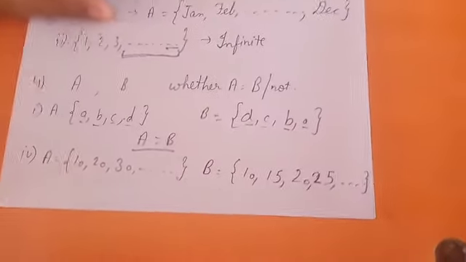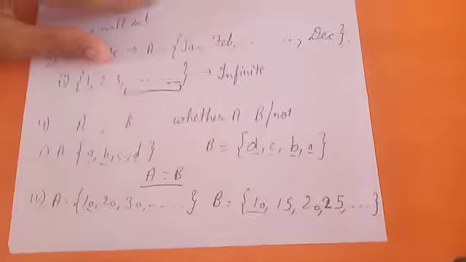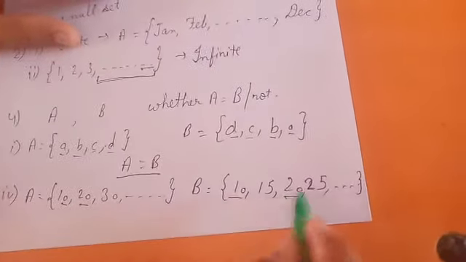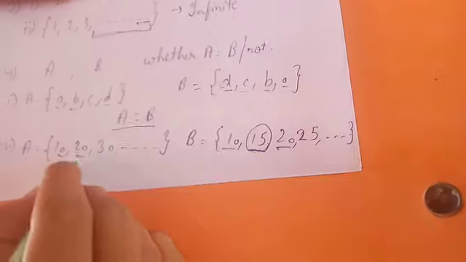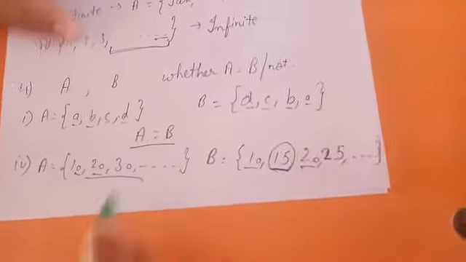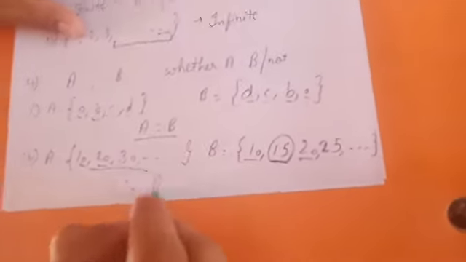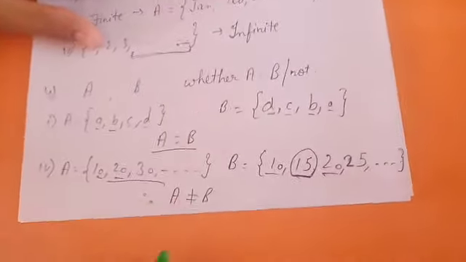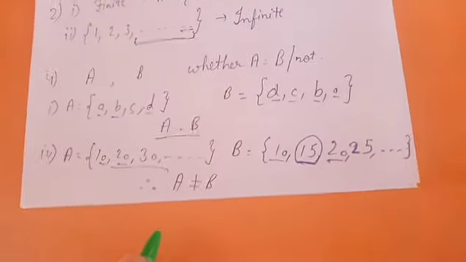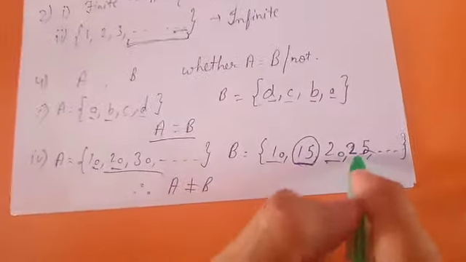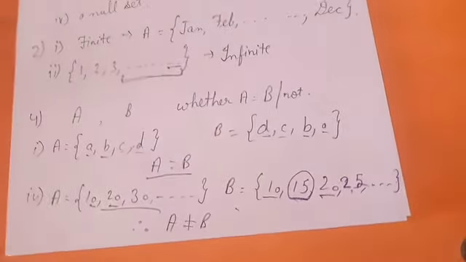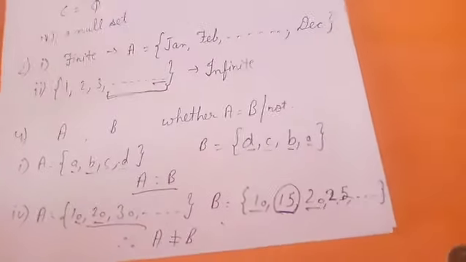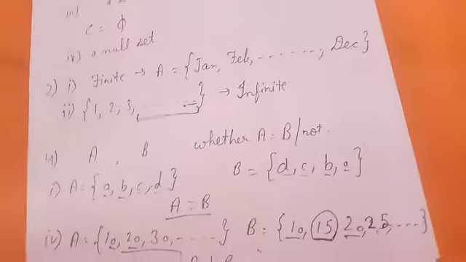Now you can check that 10 is in both sets, 20 is also there, but 15 in B is not in A. Therefore, A is not equal to B. And why is that? It is because 15, 25 are the elements of B that are not contained in A. Okay, I hope it is clear to you.